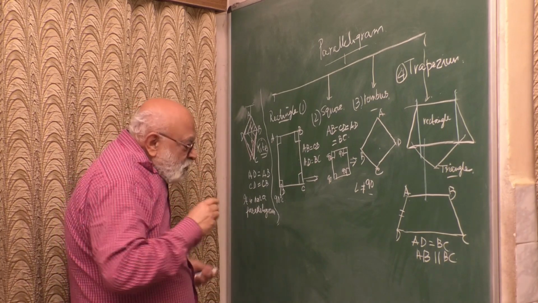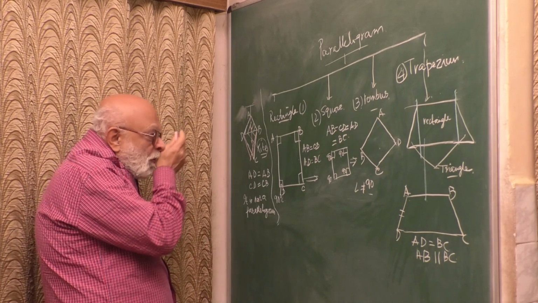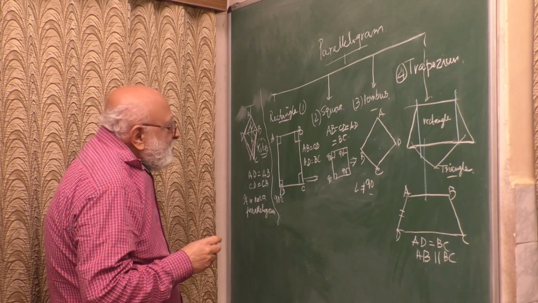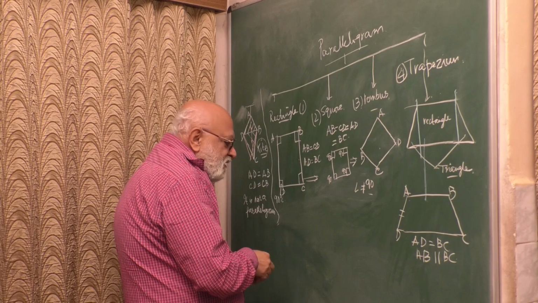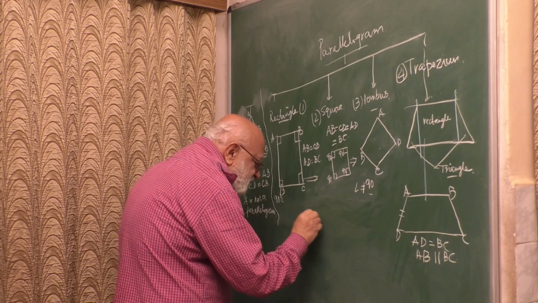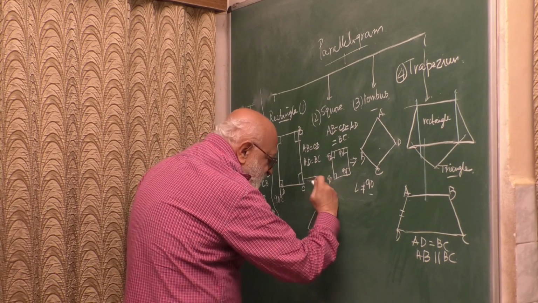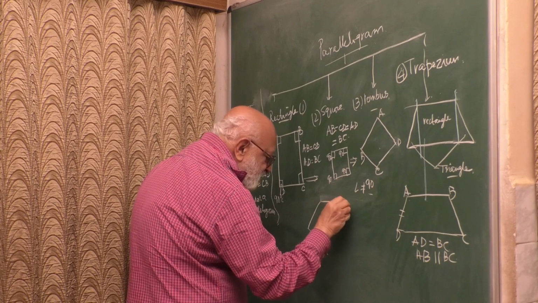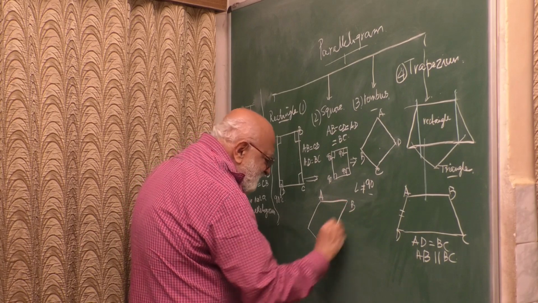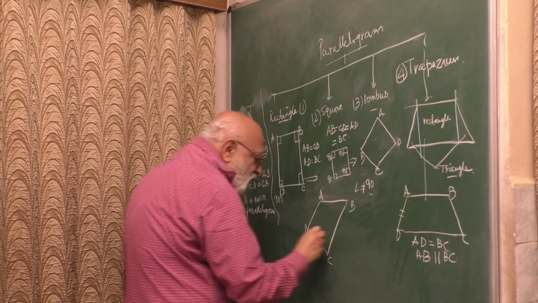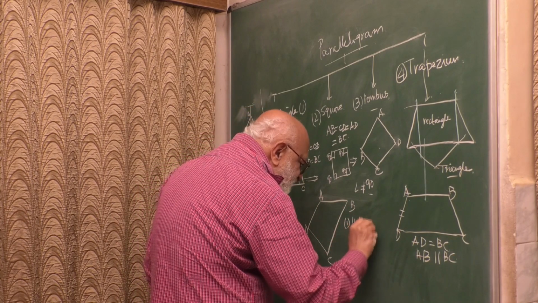Okay, now let us go through some of the properties. There are many other things which we have to identify in a parallelogram or a quadrilateral. Let us draw a quadrilateral and identify those definitions. So let this be a quadrilateral, no curvature. Let this be quadrilateral A, B, C, D. One, it has 4 vertices.